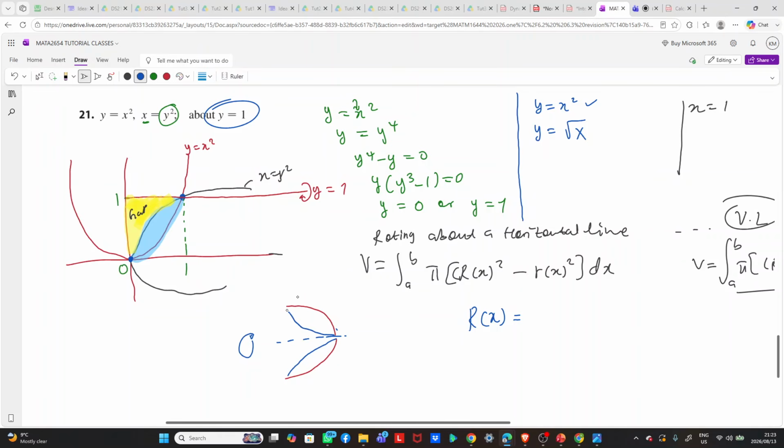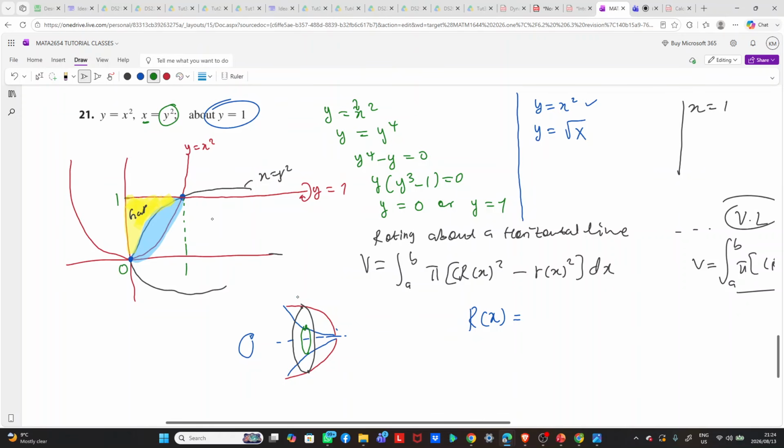So if you were to draw a circle from the red function, you can see that it's going to give you a bigger circle as compared to when you draw the circle from this blue function. Hence, this red one will give us the big R of x, and the blue one, the curve x equals y squared, will give us the small r of x.